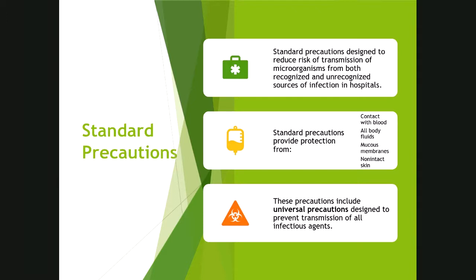So the difference between the two, standard is designed to reduce the risk, where universal is designed to prevent the transmission of all infectious agents. They overlap each other. So this is use of personal protective equipment, proper cleaning, and proper disposal of our items as well.